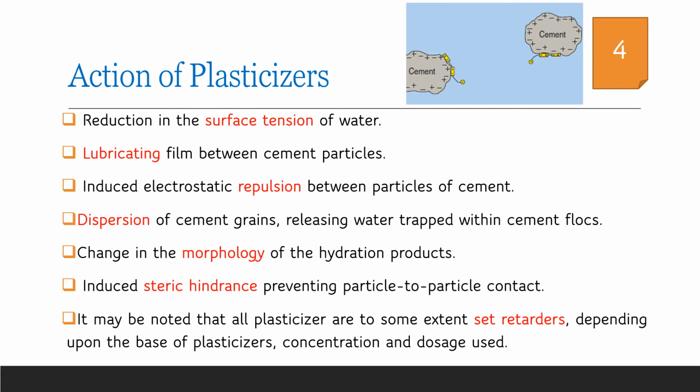So, it is always very important to consider that only optimum quantities of plasticizers are to be added as per the recommendation of the manufacturing company. Otherwise, plasticizers will negatively influence the characteristics of concrete.